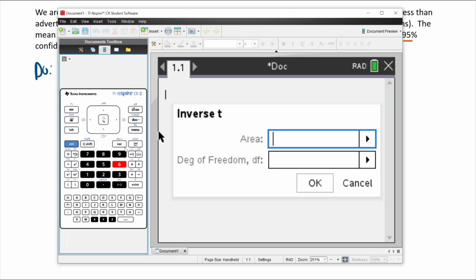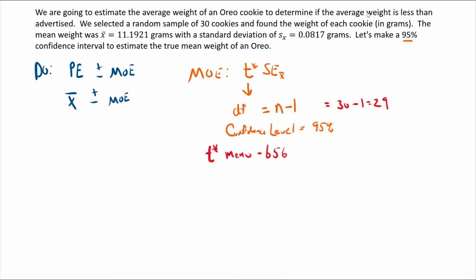The area is the same type of calculation that we had to do for our z star. Your area is going to be 1 minus 0.95, the percentage of your confidence, divided by 2. That gives us 0.025, because we have a 0.05 difference divided by 2.